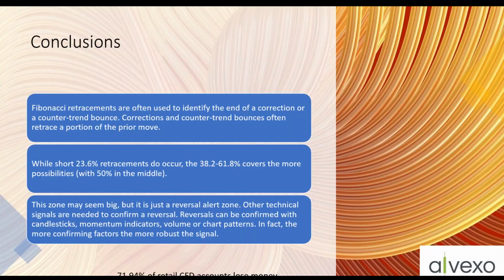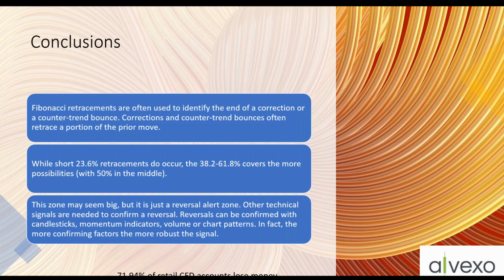Fibonacci retracements are often used to identify the end of a correction or the counter trend bounce. Corrections and counter trend bounces often retrace a portion of the prior move. While short 23.6 retracements do occur, the 38.1 to 61.8, or the 38.1 with the 50 in the middle, covers just about all the movements. The zone may seem very big, but it's just a reversal alert zone.